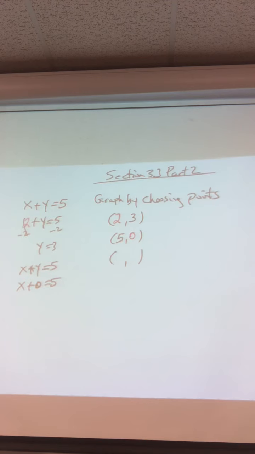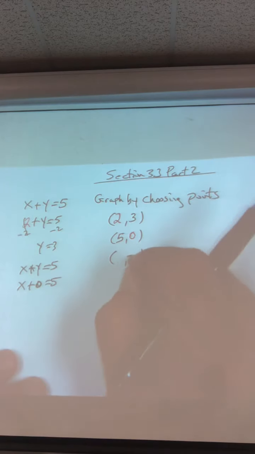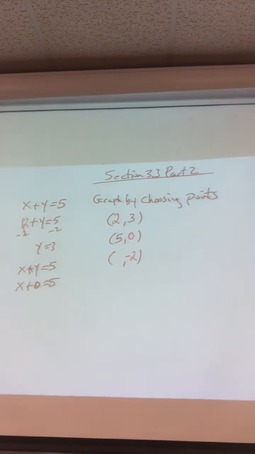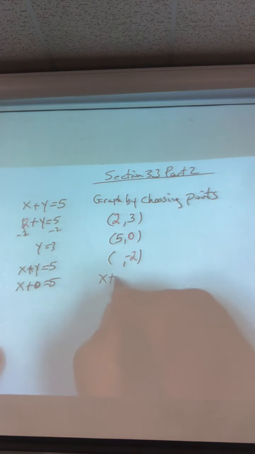So let's pick one other number. Doesn't matter. Let me pick a negative number this time. Let me pick -2, and let me put it in for y again. So we've got x plus y equal 5. Let y be -2. So this is going to be x plus a -2.